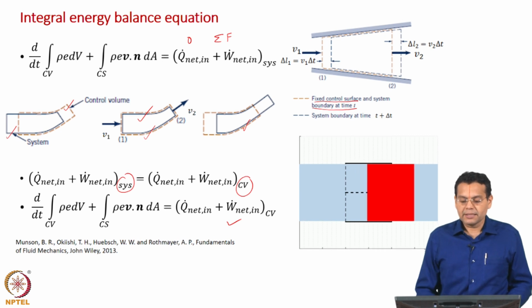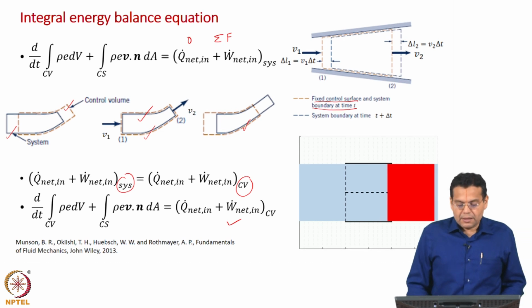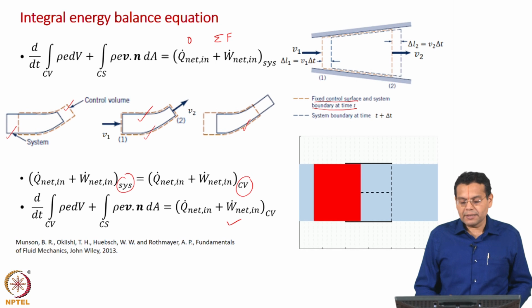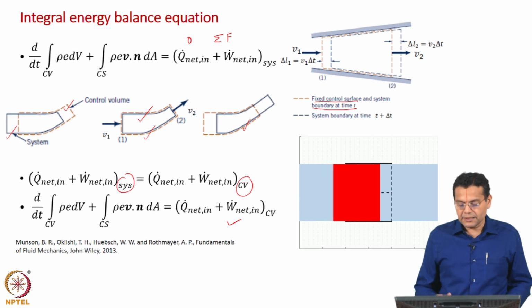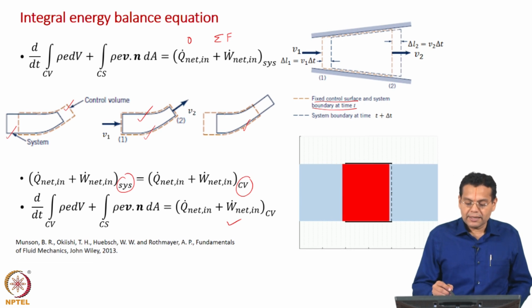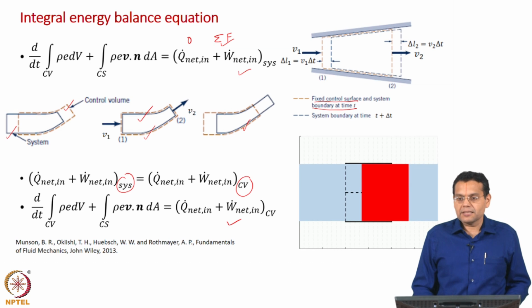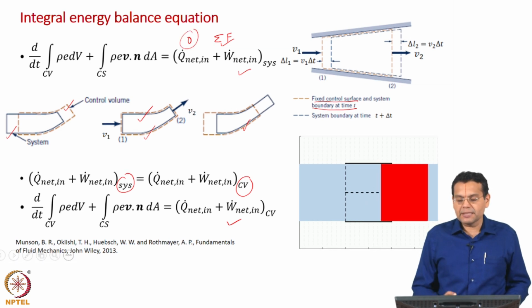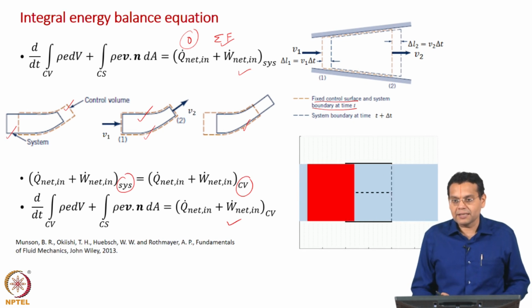Now in this case it is the energy added term, namely by heat transfer and work transfer. This system to control volume change is more clear in the case of momentum balance and energy balance rather than the mass balance, because we will be replacing 0 system with 0 control volume. We may not understand very clearly at that point of time.